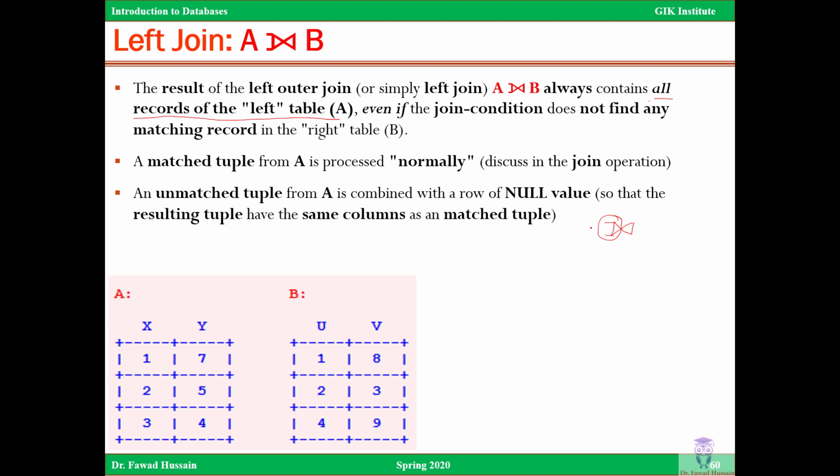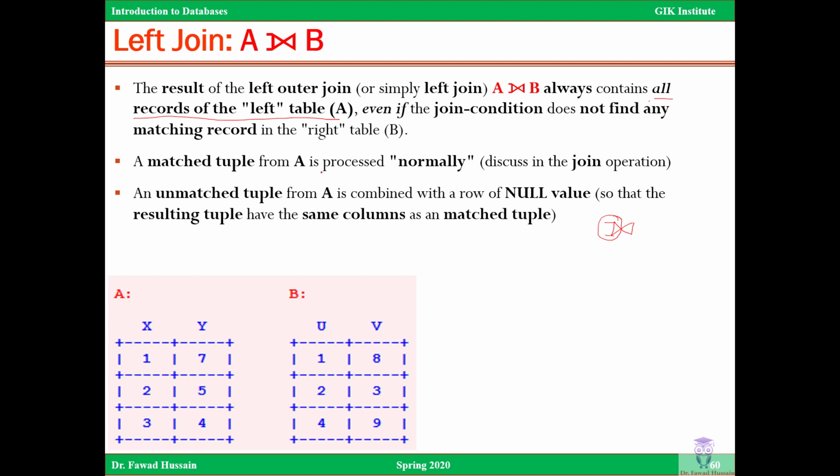So it is like the inner join plus rows of the left table. So that is the left outer join. Even if the join condition does not find any matching record in the right table, all the rows of the left table are included.